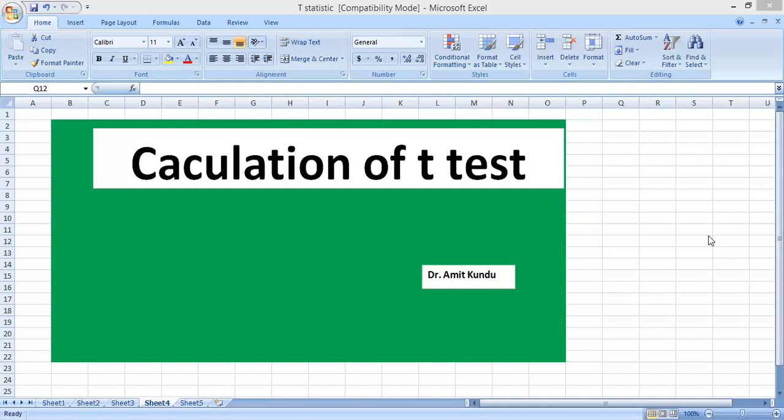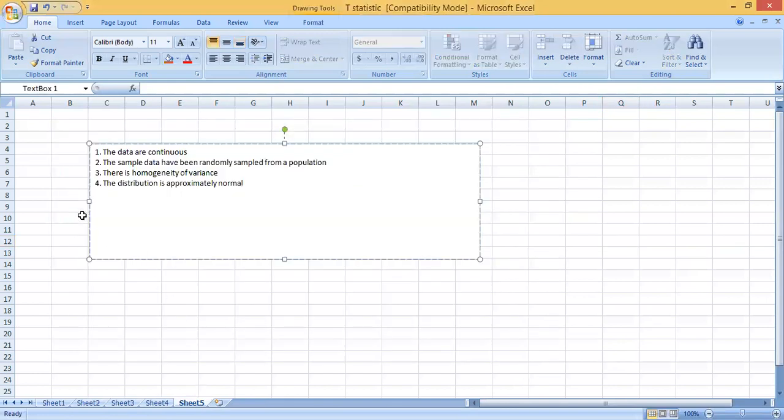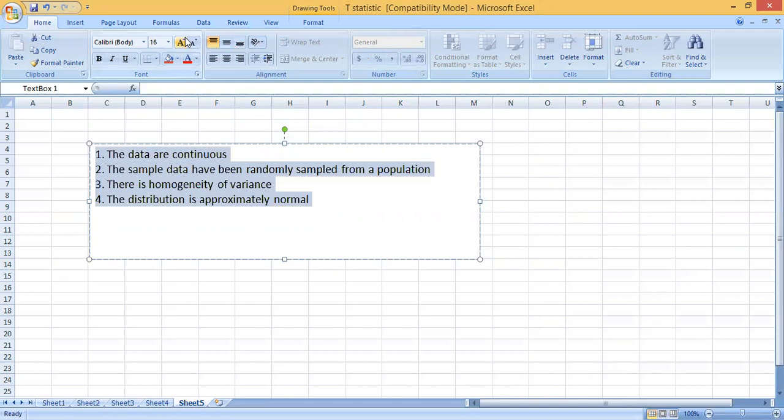You can't use a t-test when you have more than two groups. There are some assumptions. Look at these assumptions. The data are continuous, and the sample data have been randomly sampled from a population.